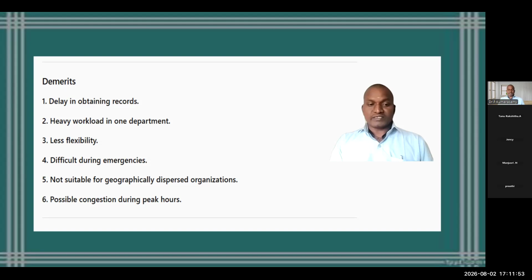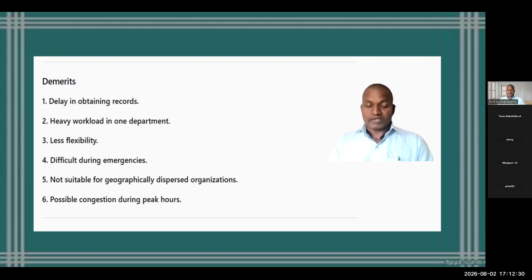In the centralized filing system, there is heavy workload in one department. Less flexibility, because the standardized format they follow is maintained in a single place. It is difficult during emergencies: collecting the data, changing the format, taking emergency decisions. These things are very difficult. Not suitable for a geographically dispersed organization.